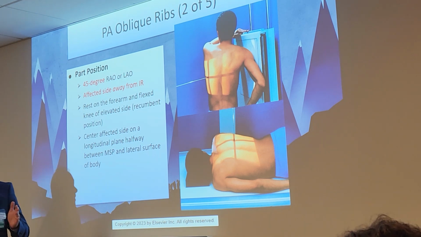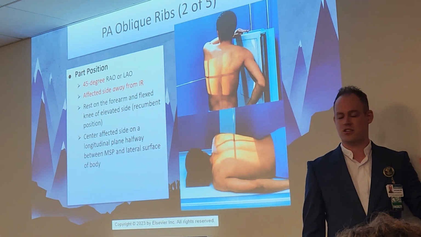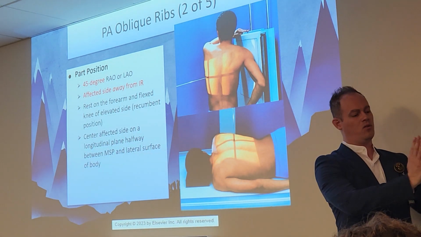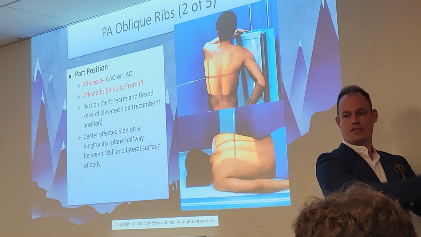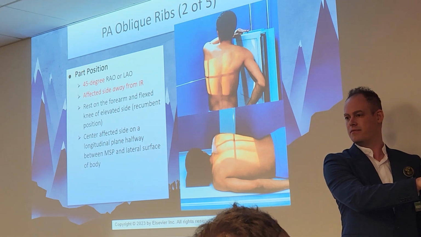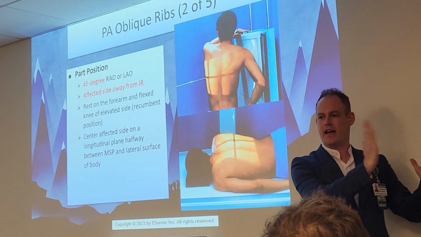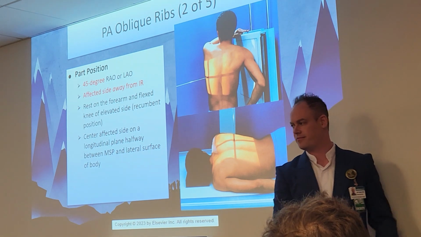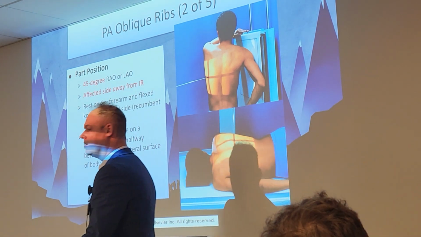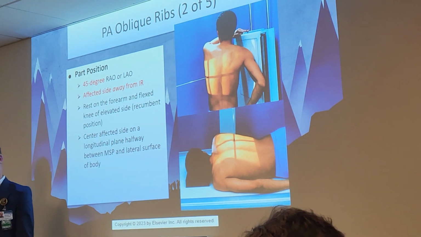So what I always do, guys, let me show you with Mr. Bones here: when I'm doing the PA obliques, I'll put one hand on the spine, one hand on the side of the patient. This is our elevated side. Bring my thumbs together, and that's where I put my crosshair. That's the easiest way to find that centering for that one. Hand on the spine, hand on the side, thumbs together. You don't have to do that for AP, just put it on the sternum. That's the only exception to the rule.